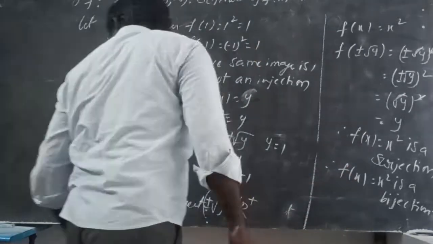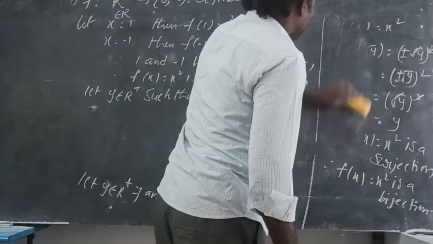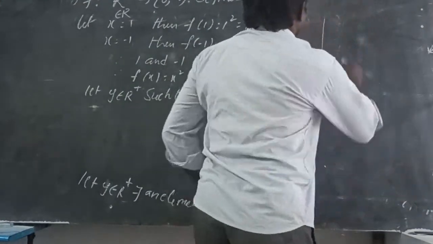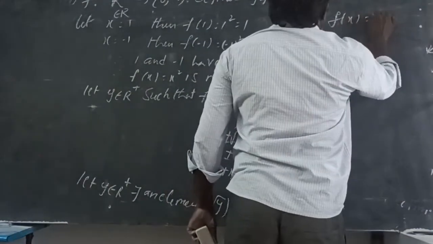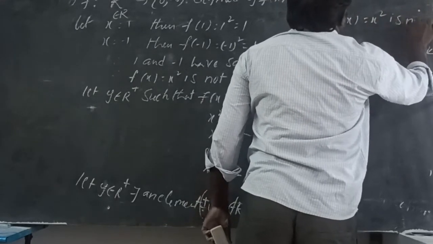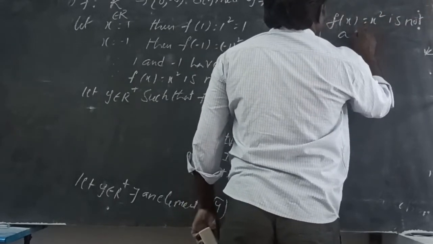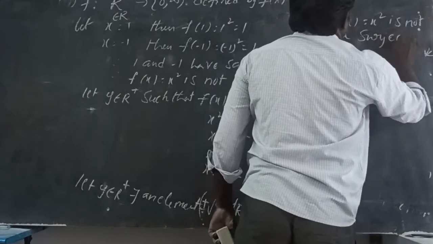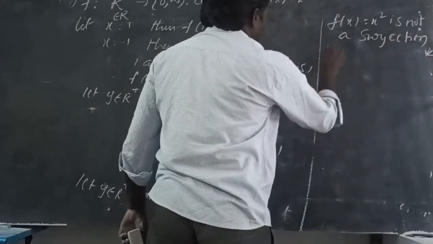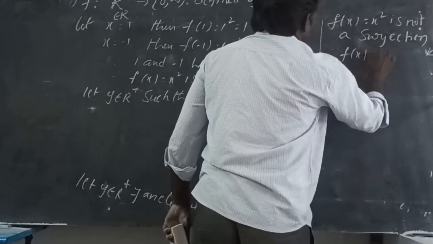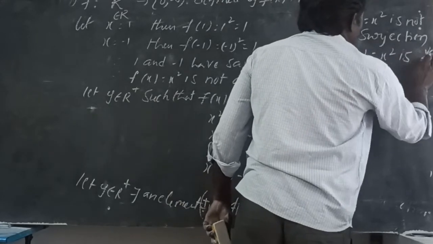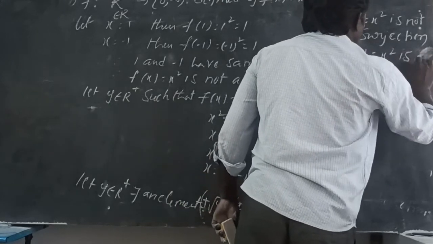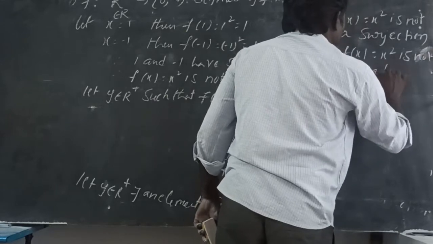Therefore f of x is equal to x square is not a surjection function. Therefore f of x is equal to x square is not a bijection function.